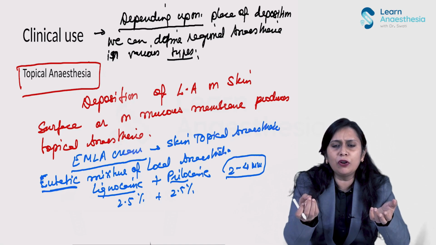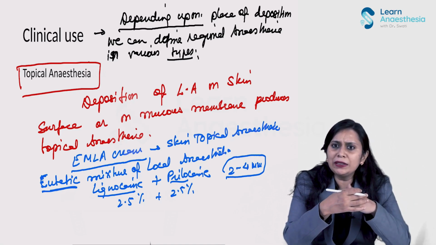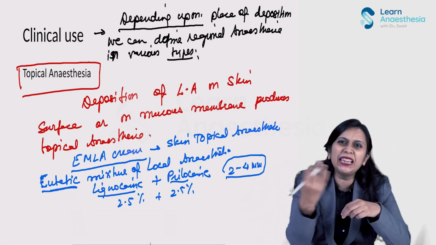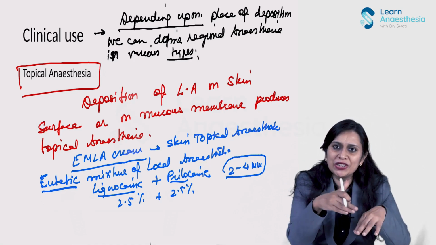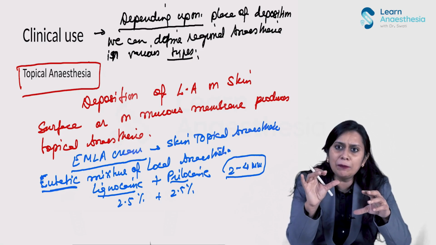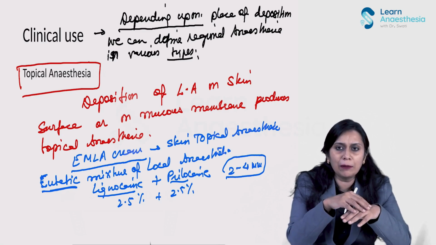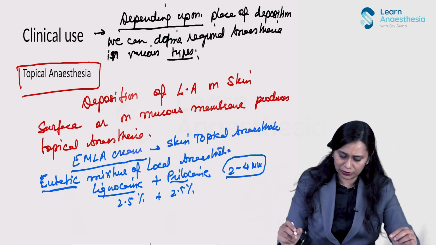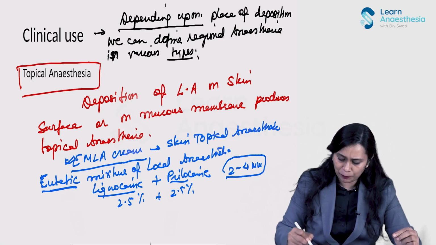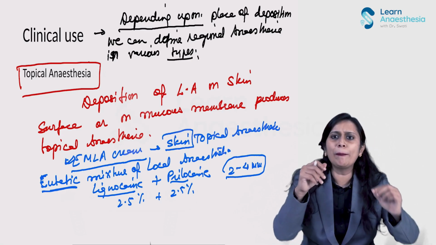It can be used for circumcision, for lithotripsy, for port wine stain removal, superficial procedures. Any superficial procedures can be done under EMLA cream, and depending upon the depth, the duration for which the cream should be applied varies. Now, one important thing, EMLA is prepared specially for skin topical anesthesia. How do you apply it?